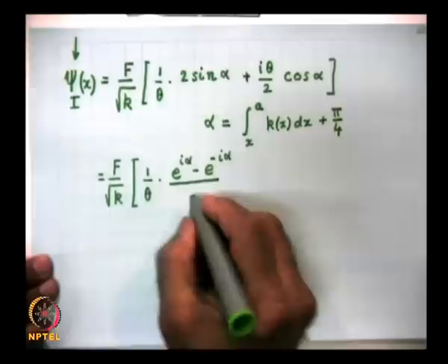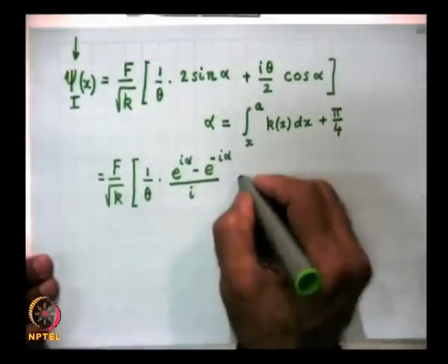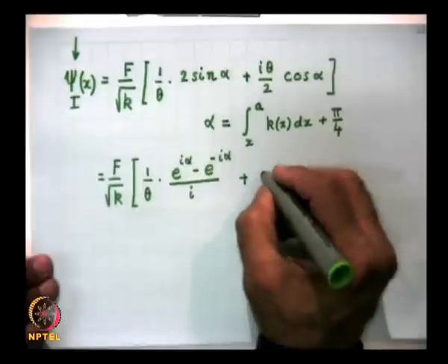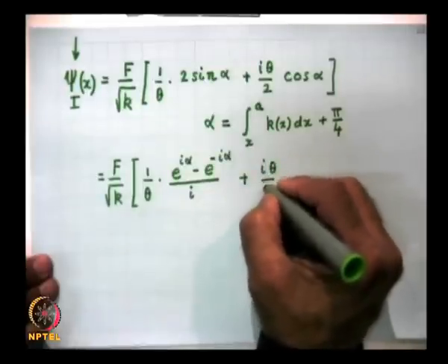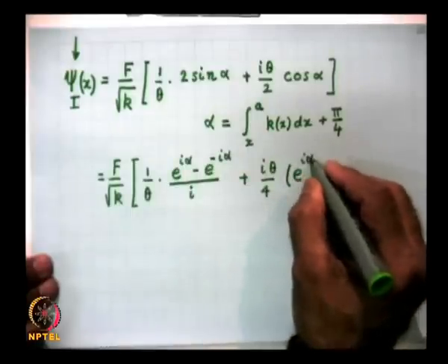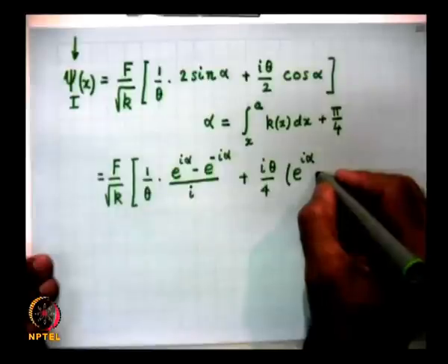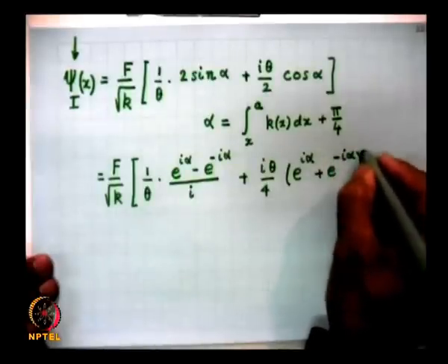So, 2 cancels out here. So, it becomes I theta by 4 now, because cos alpha will be e to the power of I alpha plus e to the power of minus I alpha. That is it.